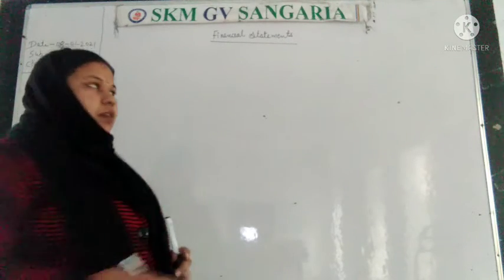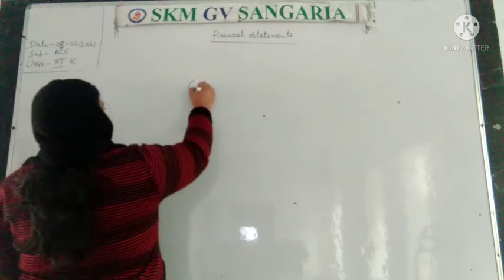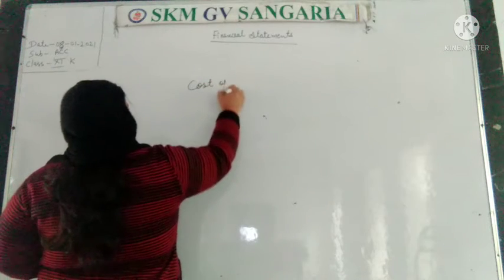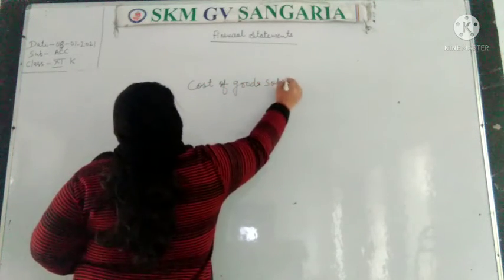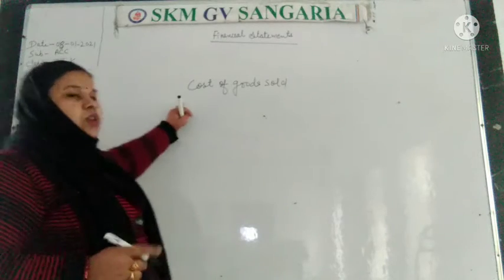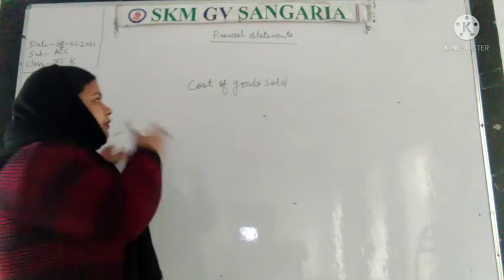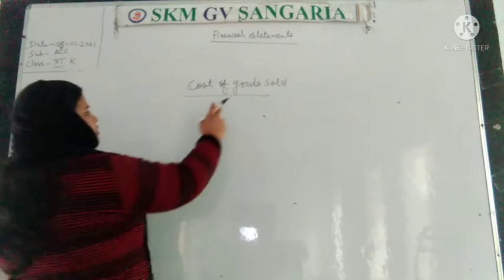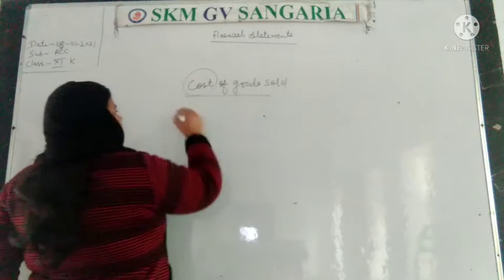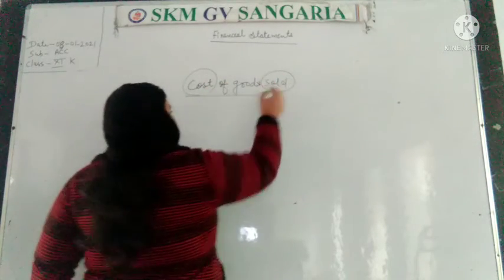Okay, first is cost of goods sold. There is a formula to calculate the cost of goods sold. But first of all, what is cost of goods sold? Cost of goods sold is the cost of the goods which are sold.